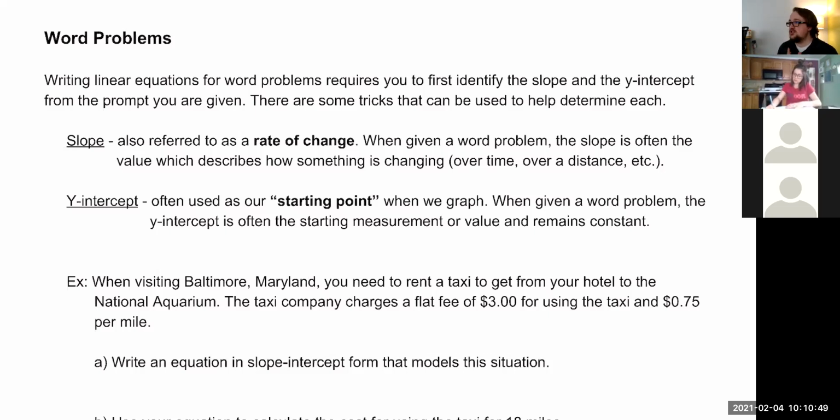So some sort of measurement, some unit that starts off as one value and doesn't change throughout that process. So again, just to quickly summarize it, slope describes how something's changing. Y-intercept describes something that does not change. Take out those two pieces, identify them as your slope and y-intercept, you can write your equation.